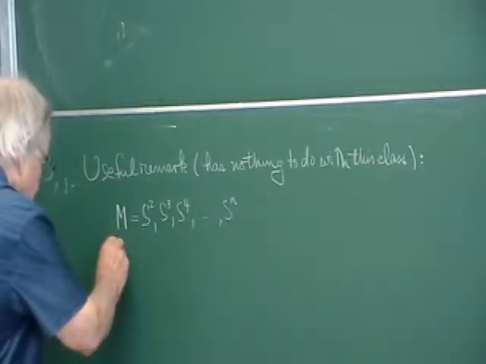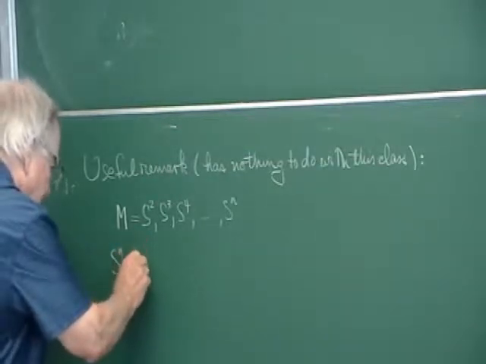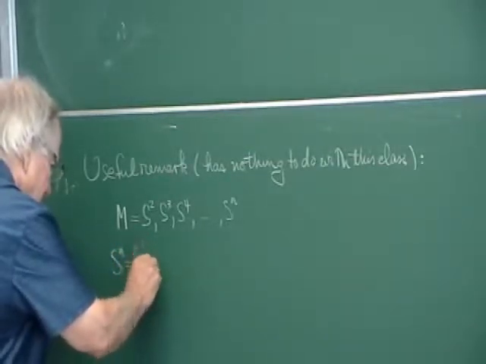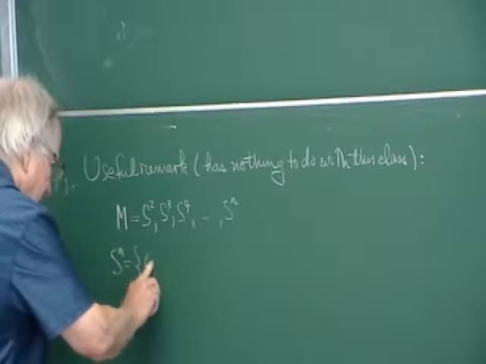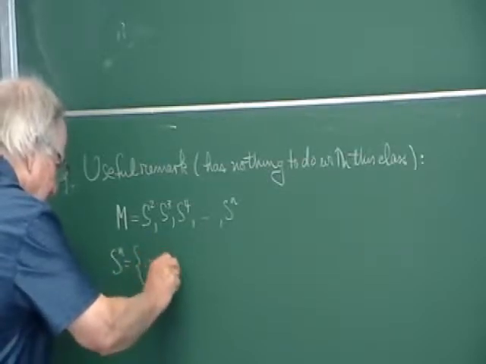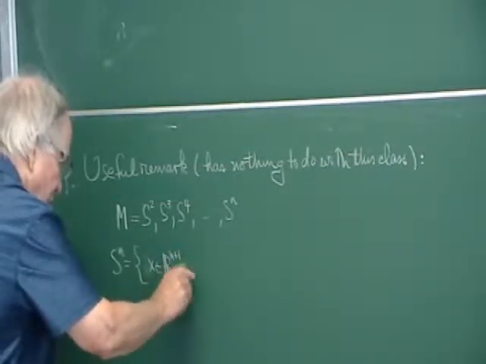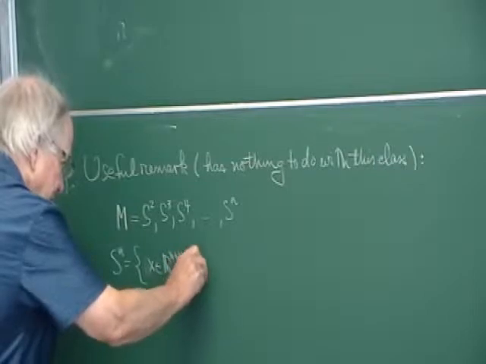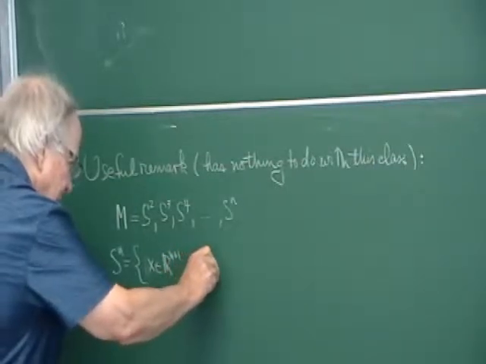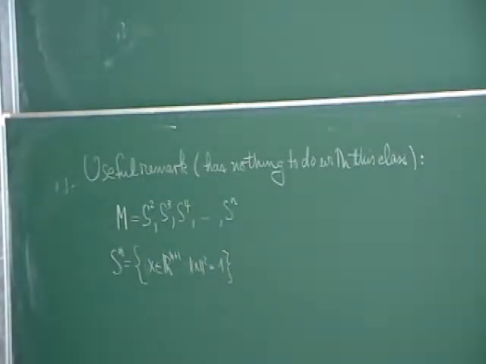Just to make sure we're on the same page, this may be explicitly realized as the set of x in R^(n+1) such that the norm of x, the usual norm, is 1. This is a realization of a sphere.